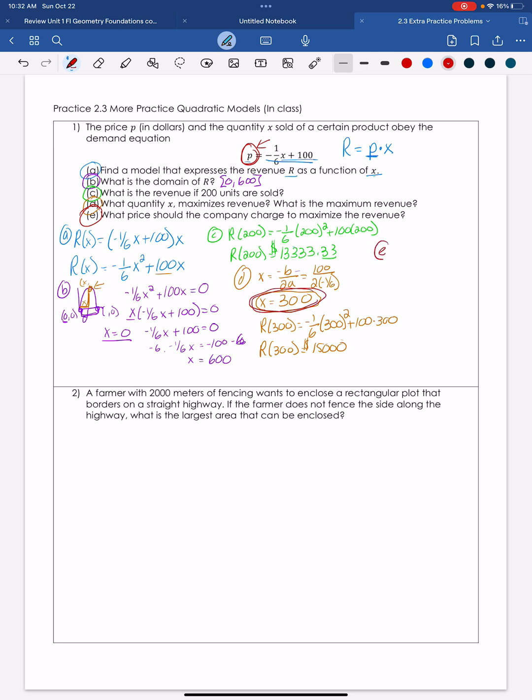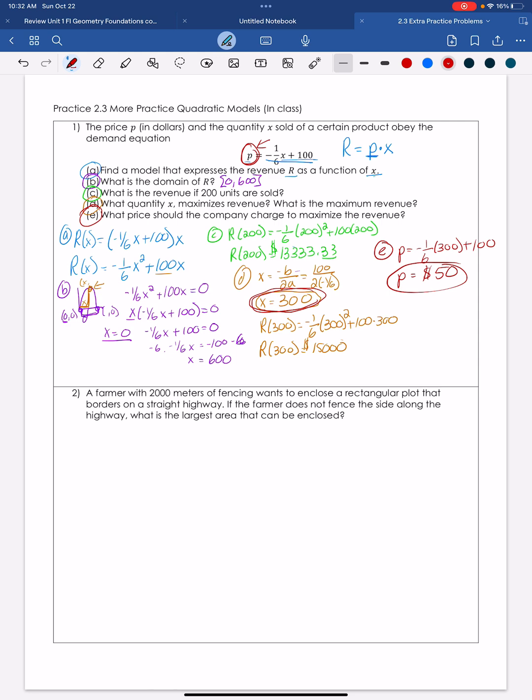So E is going to be, my price is equal to negative 1/6 times 300 plus 100. Which is going to be, so the price is going to be $50. And so that's how you do one of the revenue problems.